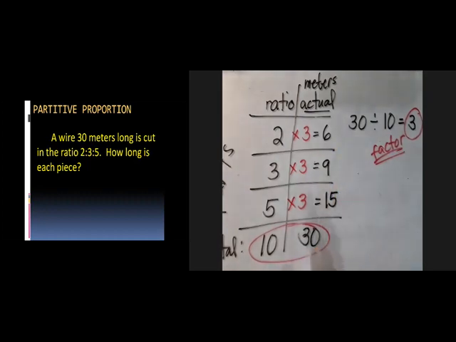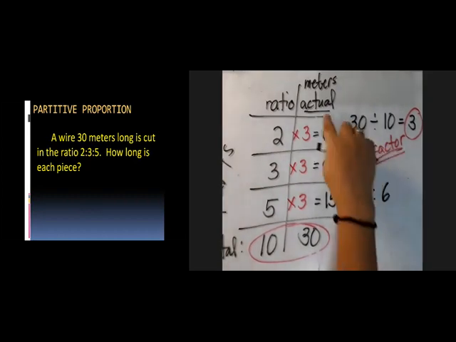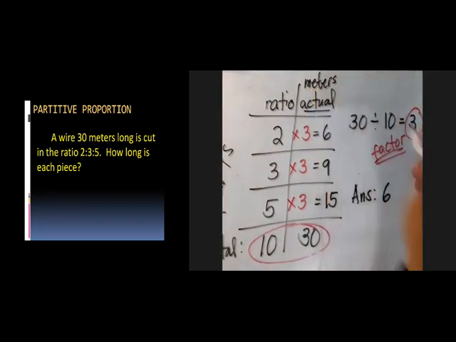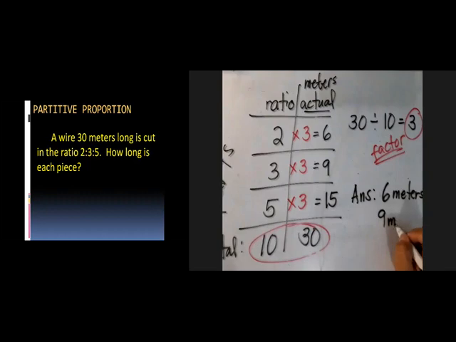Diba? So, what is now our answer? Our answer is 6, hindi lang 6 ha, meters. 6 meters, 9 meters, and 15 meters.